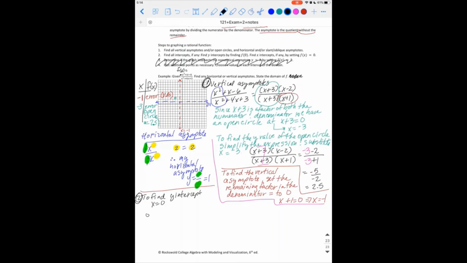So I'm gonna have 0 squared plus 0 minus 6 over 0 squared plus 4 times 0 plus 3. And that's going to give us negative 6 over 3, which is negative 2. So my y-intercept is 0, negative 2.